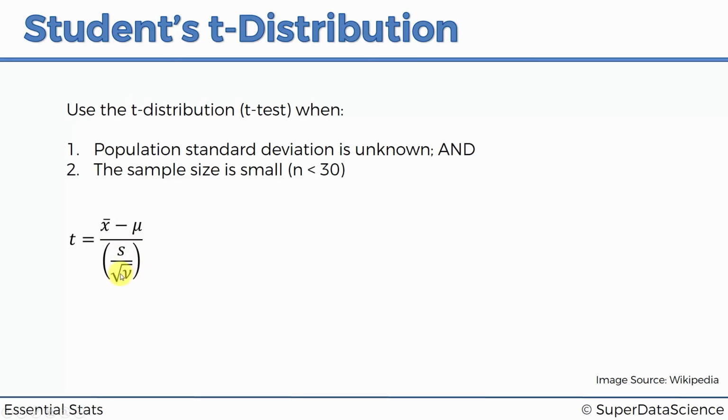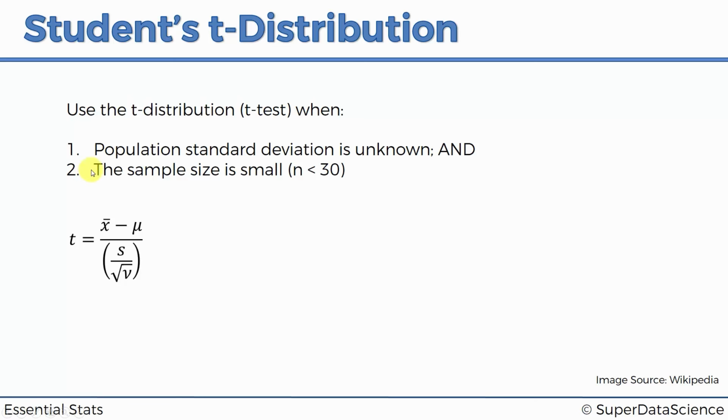Remember, we'd normally have your population standard deviation over here, but in this case we have the sample standard deviation divided by the square root of degrees of freedom. So basically, it allows you to operate in environments where you do not know the standard deviation of the population.